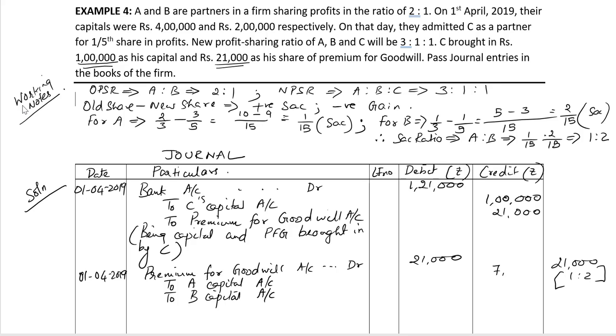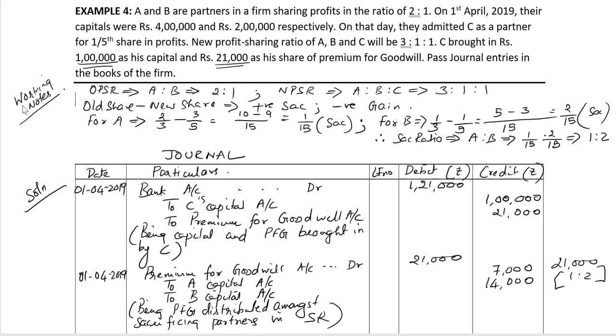So we have 7,000 against A and 14,000 against B, being premium for goodwill distributed among sacrificing partners in the sacrificing ratio. So this is the answer to the fourth example. Let's go to the fifth example.